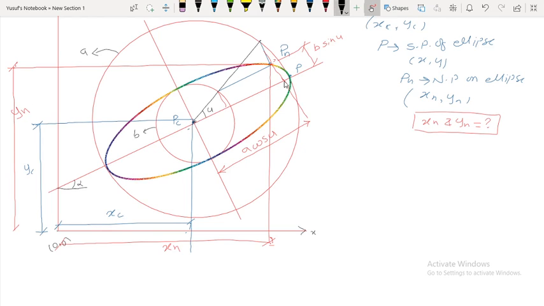From here to here it is A cos u, and this vertical length is B sine u.